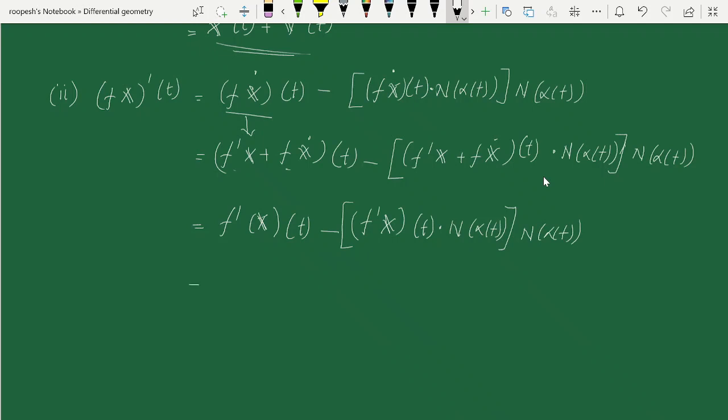And one more term: f X dot of t minus f X dot of t dot N of alpha of t times N of alpha of t.